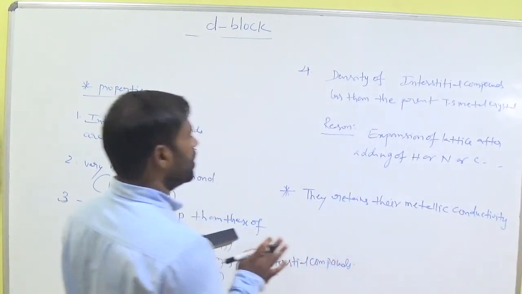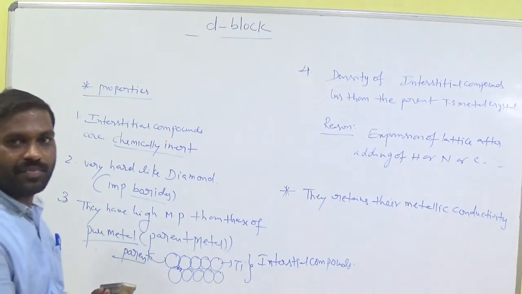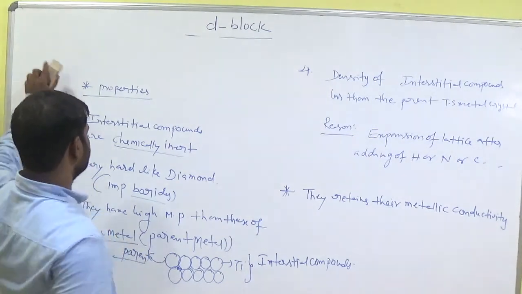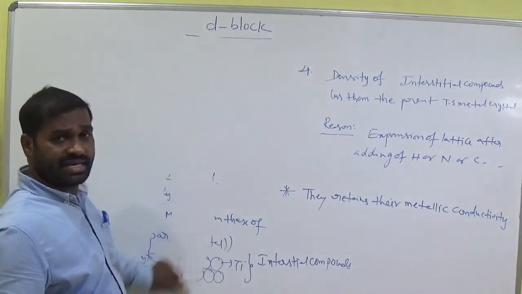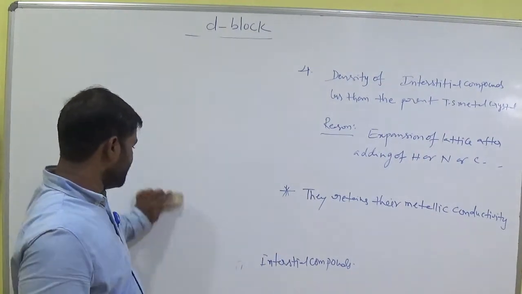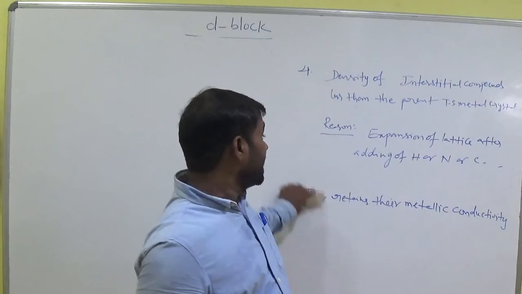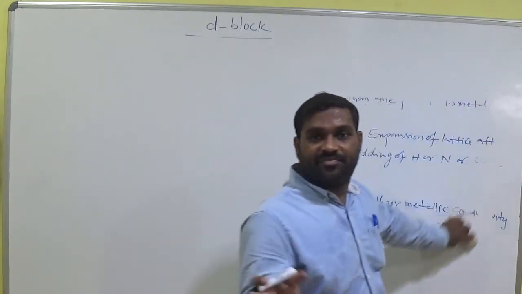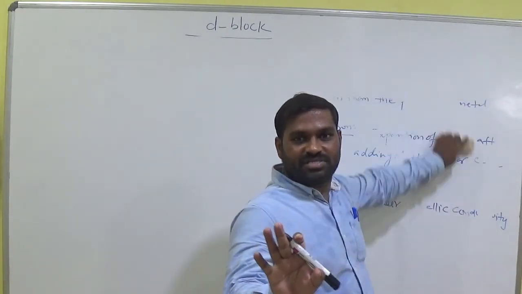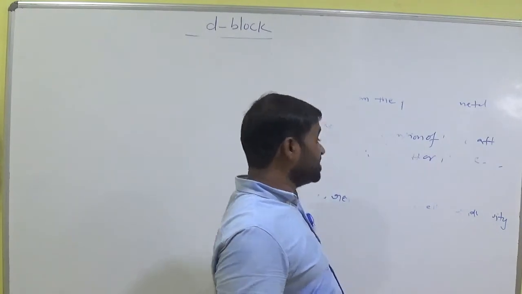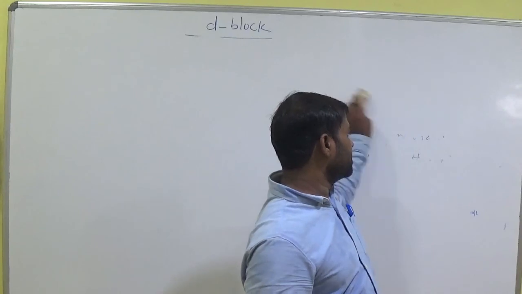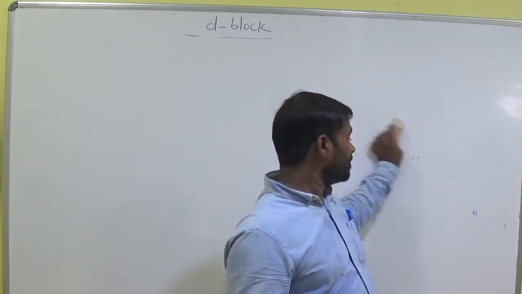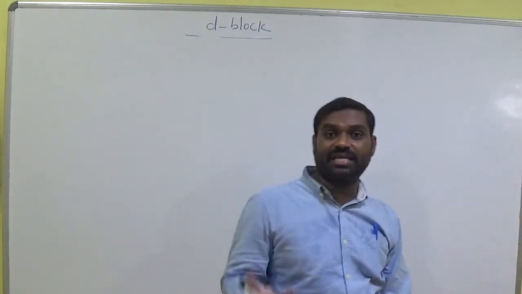These are the important properties of interstitial compounds. Okay. They are brittle, very hard. And one more important point, chemical properties are nearly the same for pure metals and interstitial compounds. But physical properties are different. Physical properties means their strength, melting point, boiling points, hardness, brittle nature are different.